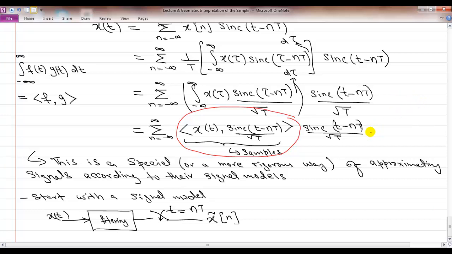So you should probably mark down this equation as a star or something in your notes. We'll come back to this very same equation, and we will say that it's just a special case of a more abstract way of doing projections onto a model, approximations through a model, or sampling through a model.